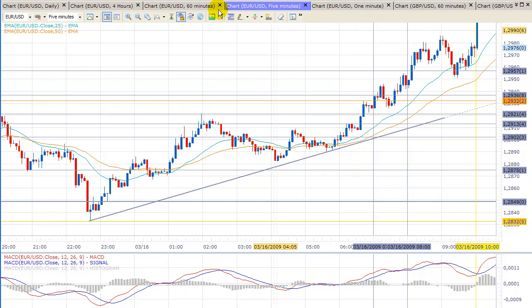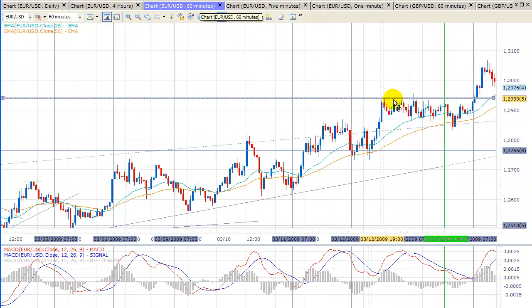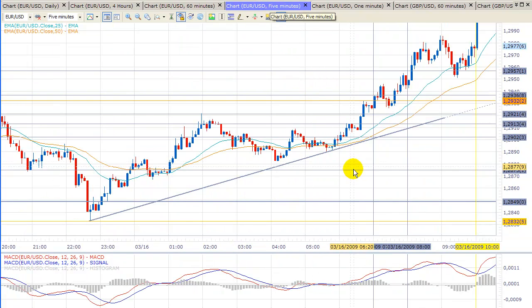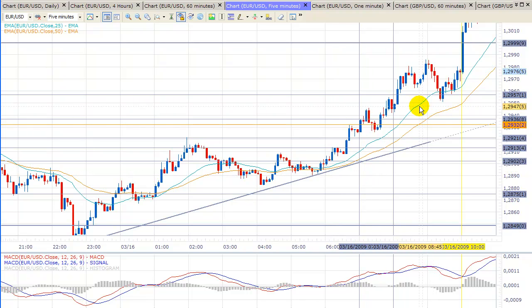Let's go to the 60-minute charts: the 2950 is the area we have seen before as a magnet area for resistance. We have seen 1, 2, 3, 4, almost 5 times in a row how the resistance worked properly. But it didn't happen today, and the price went all the way up.